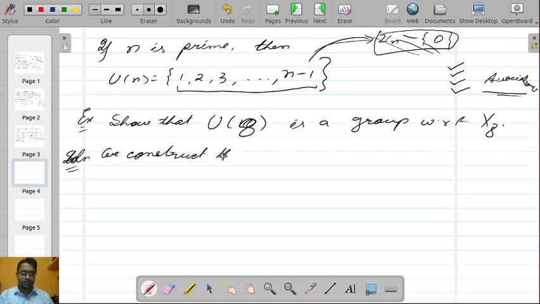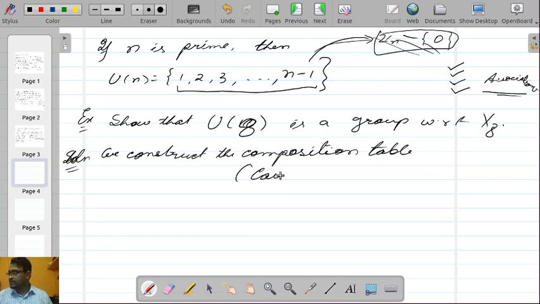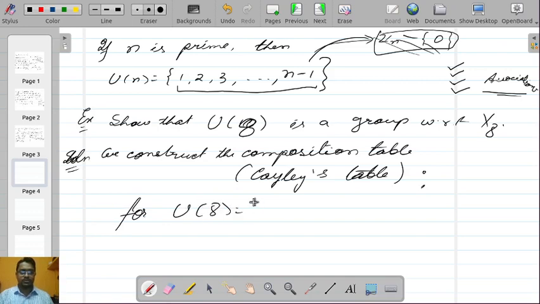So we construct the composition table. It is also called Cayley's table. Cayley was a mathematician, and this is also known as Cayley's table. Cayley's table for U8, which is 1, 3, 5 and 7.